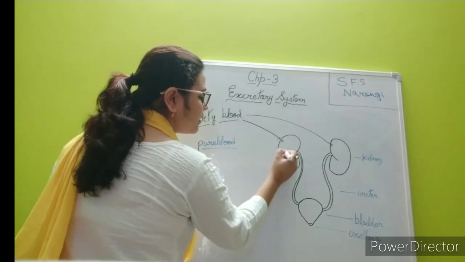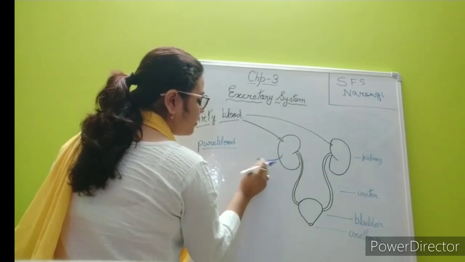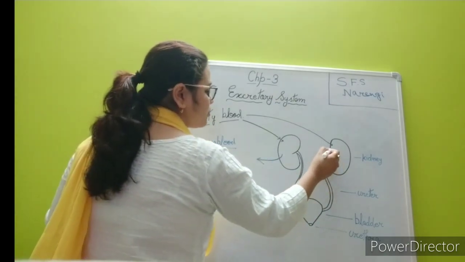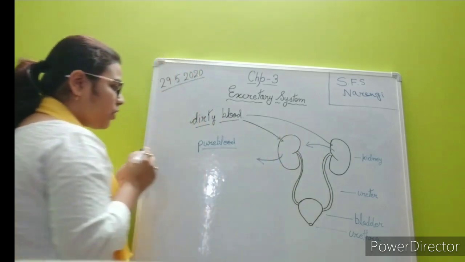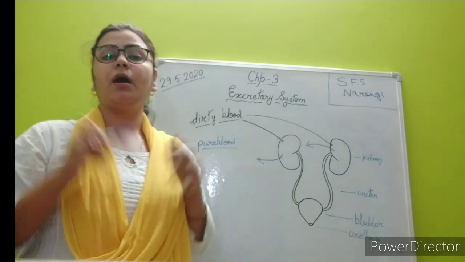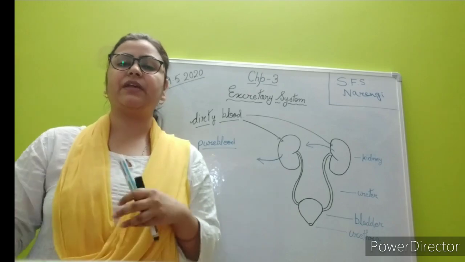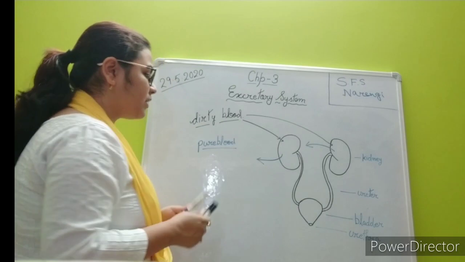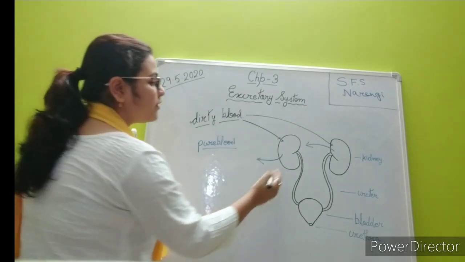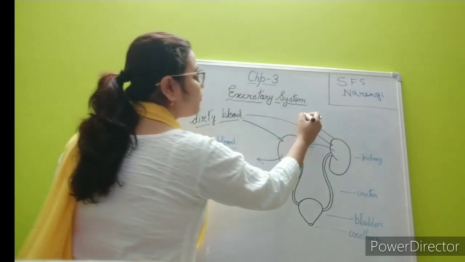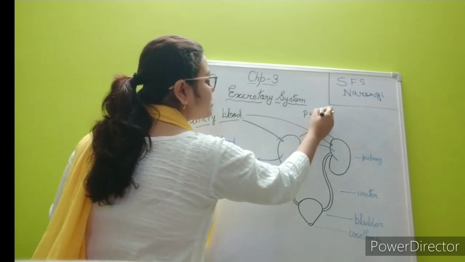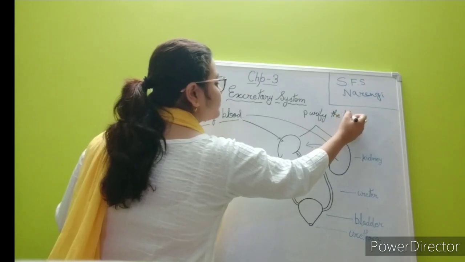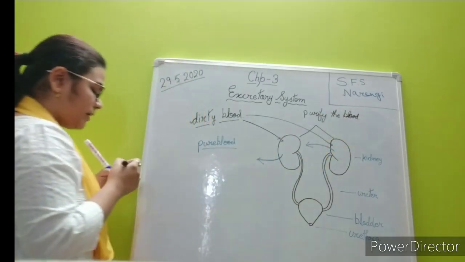The dirt remains back and pure blood comes out, and the pure blood moves out into the body. What is the work of the kidney? The work of the kidney is to purify the blood. It cleans the blood.